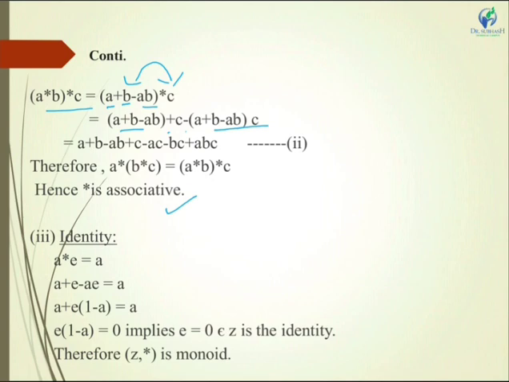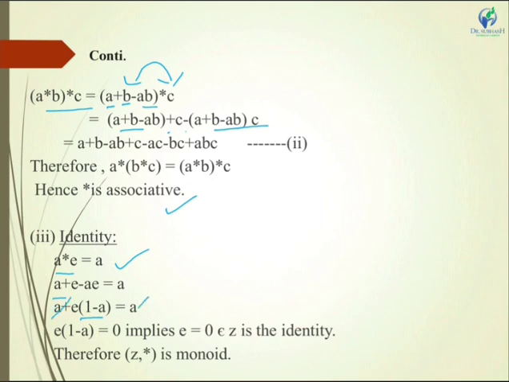And next is identity property or existence of identity. See, a * e = a, we know that. Now I will apply this star. So I get a + e - ae = a. I am taking e common in the next step. So I get a + e(1 - a) = a.